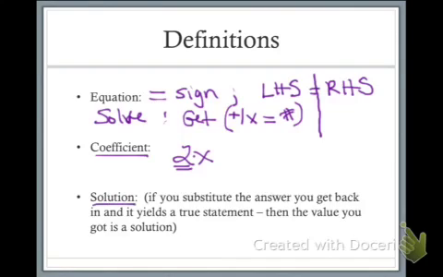And lastly, I want to just remind you that if you get x equals 2, that is a solution only if when you substitute that x value back in the original example, you get something that makes the left-hand side equal the right-hand side. So it's only when you substitute your answer into the original question and your left-hand side equals your right-hand side.